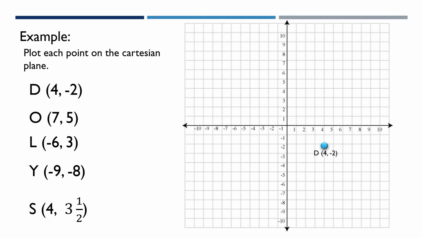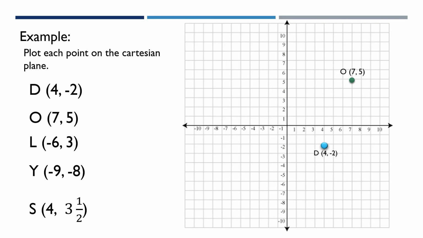And there you have it, point D with the coordinates 4, negative 2. Next point is point O. Again, starting from the origin, then the x value is positive 7, so 7 units to the right, and the y value is positive 5, so 5 units upward. Then, label the point with point O with the coordinates 7, 5.